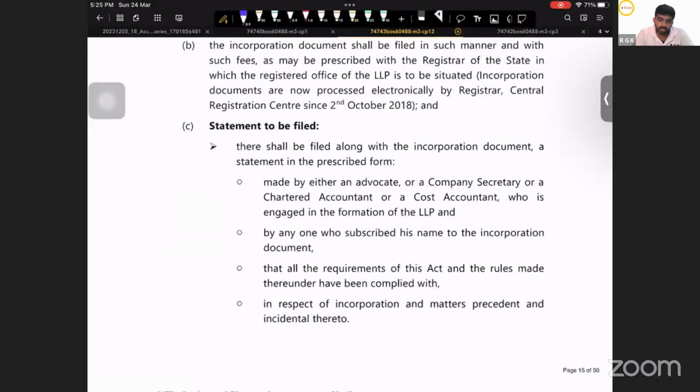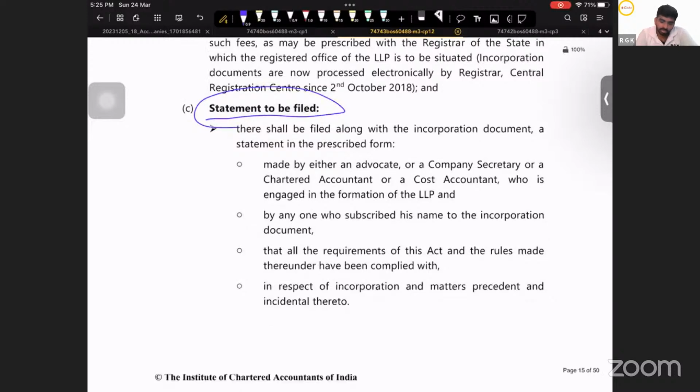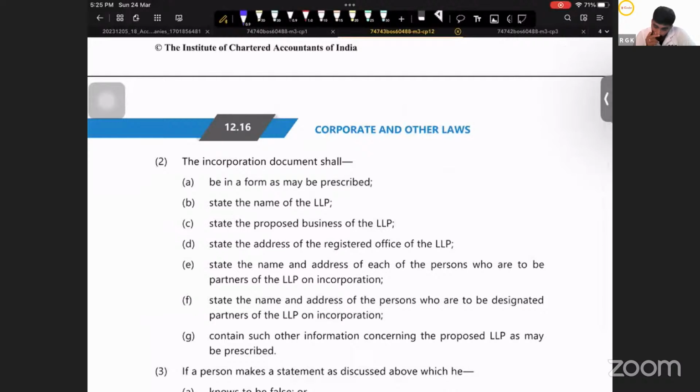Along with the incorporation, a statement in the prescribed form shall be filed, made by an advocate, company secretary, chartered accountant or cost accountant who is engaged in the formation of the limited liability partnership, and by anyone who has subscribed his name to the incorporation document, that all the requirements of this Act and rules made thereunder have been complied with in respect of incorporation and matters precedent or incidental thereto. This declaration should be given.